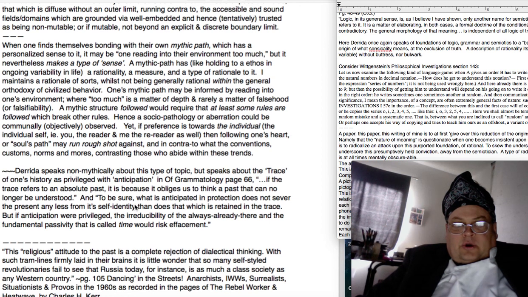Yet, if preference is towards the individual self, i.e. you, the reader, and me, the rereader as well, then following one's heart or soul's path may run roughshod against and in contra to what the conventions, customs, norms, and mores, contrasting those who abide within these trends.